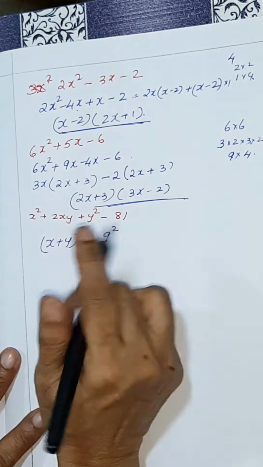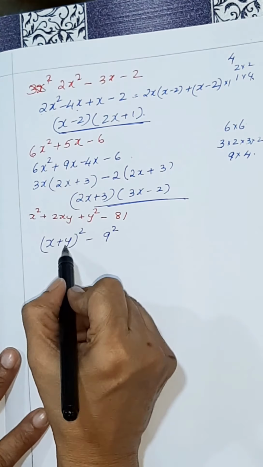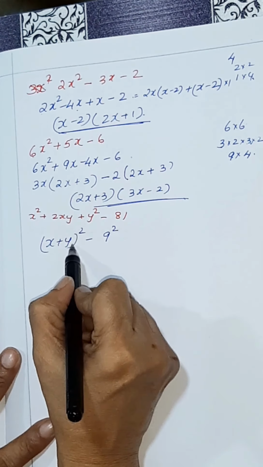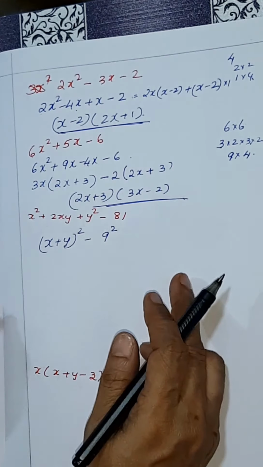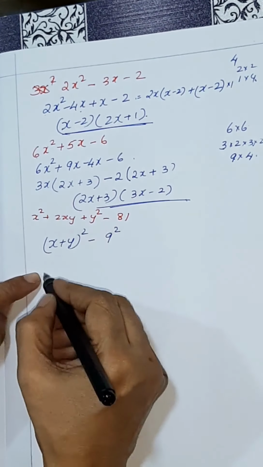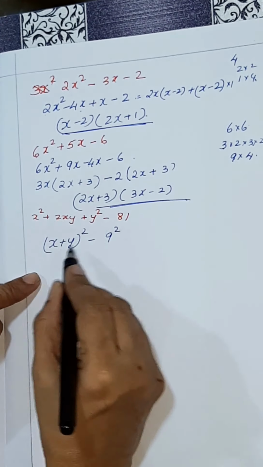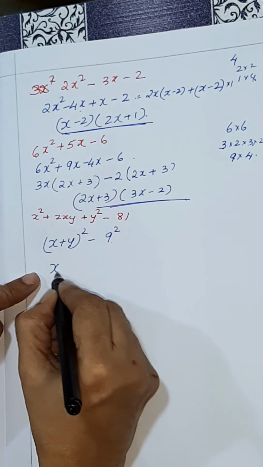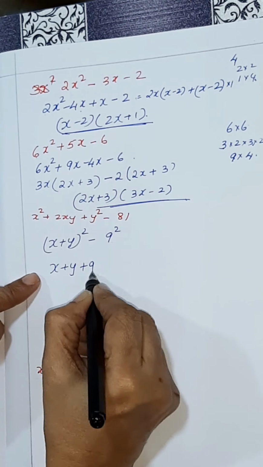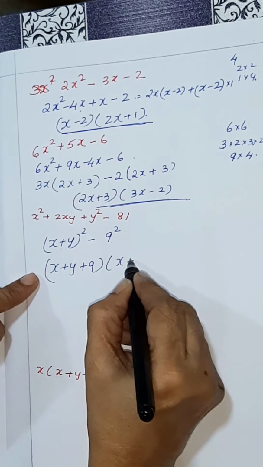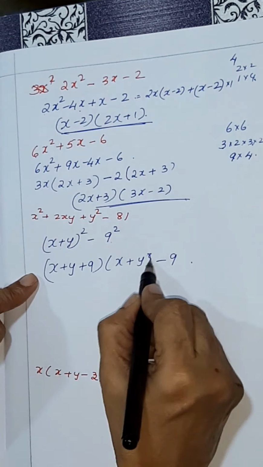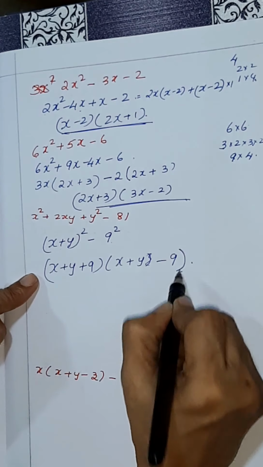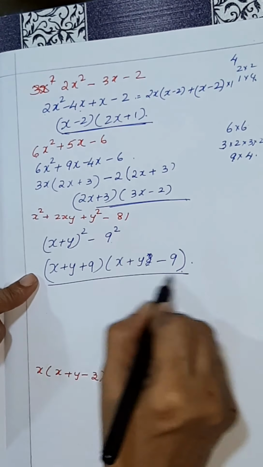Again, we have used this a plus b the whole squared format, and now you are going to use a squared minus b squared format. So now this again you can factorize as a plus b into a minus b.